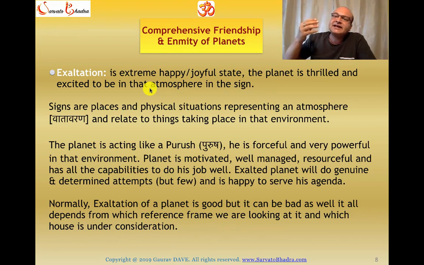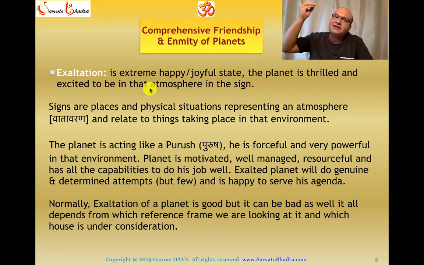And grahas, they have their intrinsic makeup, they have their own character, they have their own likes and dislikes. So, depending upon their own intrinsic makeup, when they move to certain signs, they feel good, bad, ugly. They have various kinds of expressions and they feel differently in each of these places.